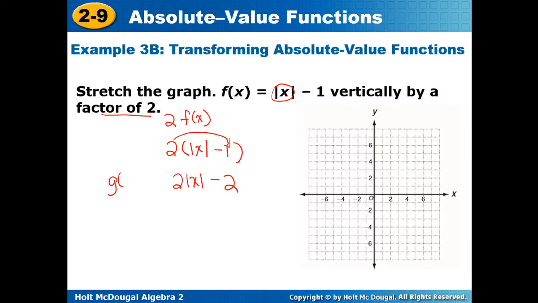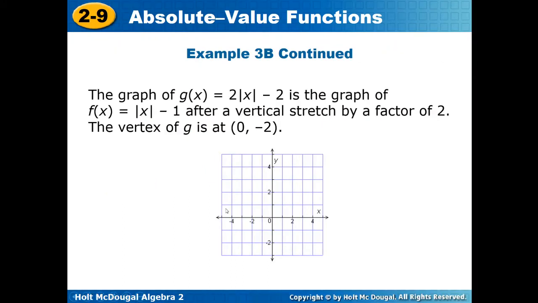So g of x equals 2 absolute value of x minus 2. Okay, so once again, we can take a look at this, and let's go ahead and plot this.